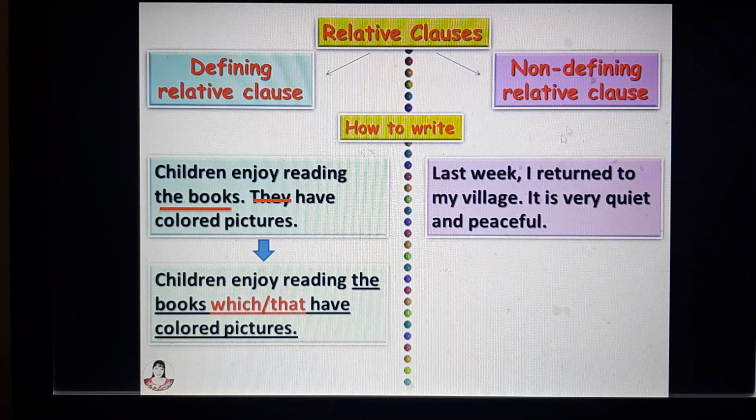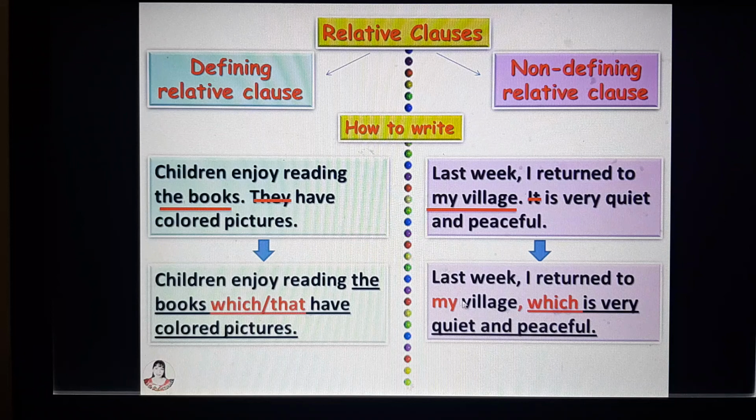Now the non-defining relative clause. For example, last week I returned to my village. It is very quiet and peaceful. You see, my village, and I cross out it. My village, it, the same. Underline the noun and cross out the pronoun.